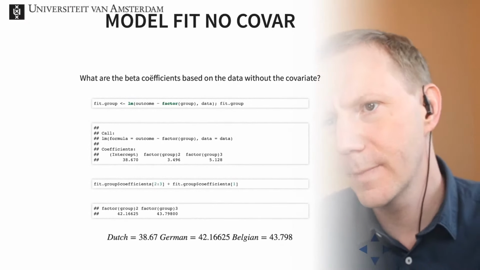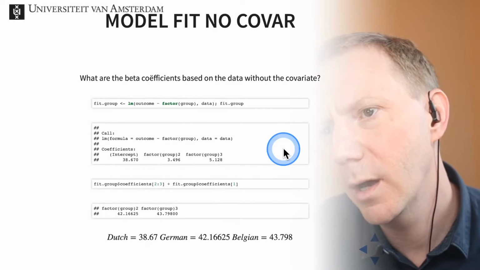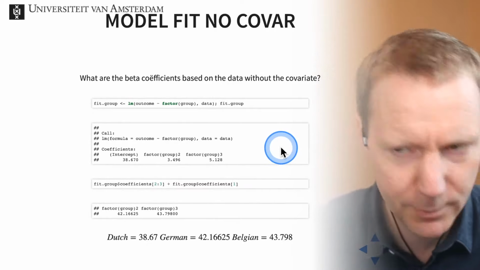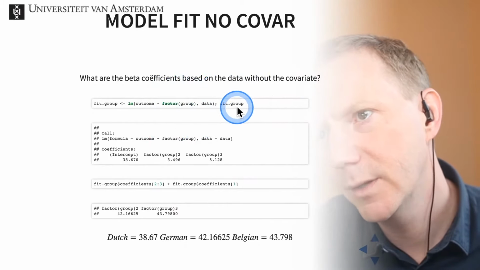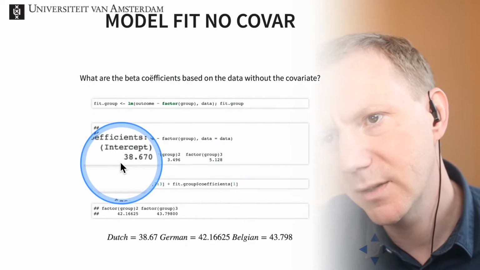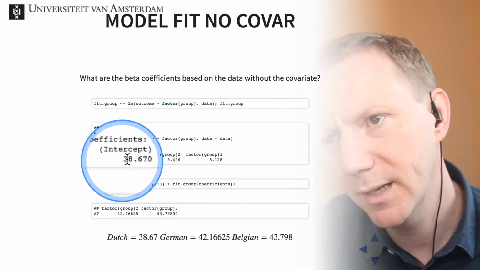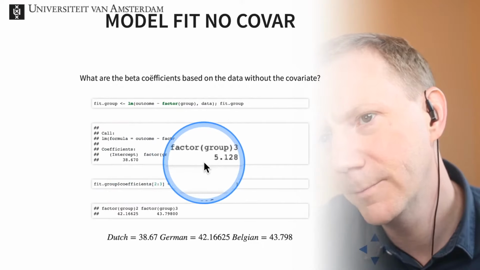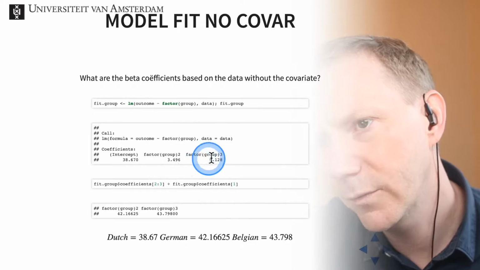So if we just run a regular regression analysis, or at least one where you only have the predictor variable in it, you would get a beta coefficient of 38 for the intercept, and 3 and 5 for factor 3.